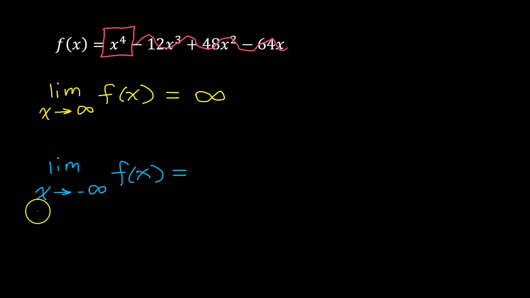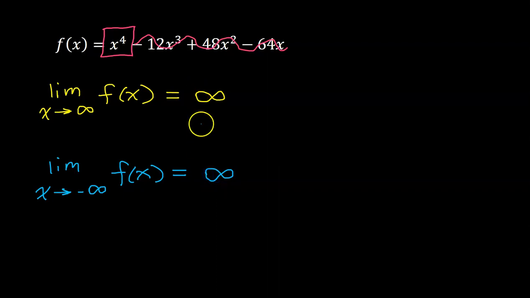As x approaches negative infinity, remember that these x values will be negative numbers. So x is getting more and more and more negative. However, because this is an even power, they will be turned positive. So in the end, the value of the function will just keep increasing without bound.